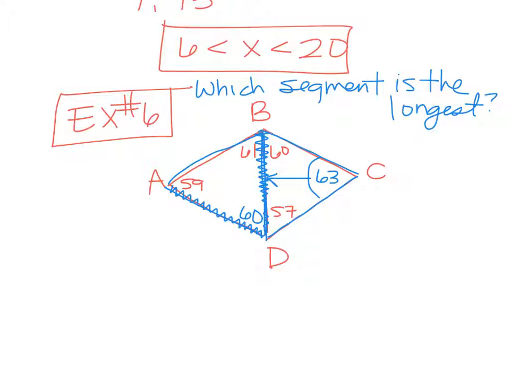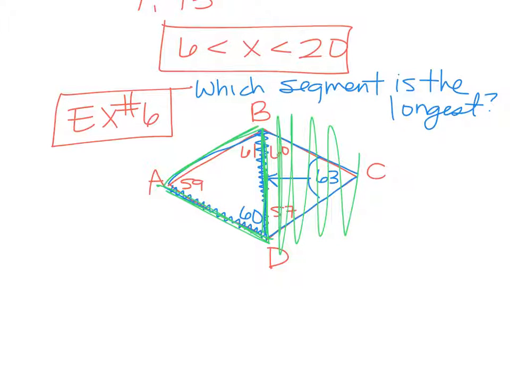Which one's longer? AD. Why? Because 59 plus 60 is more than 60 plus 57. No. You don't have to add anything. Here's the deal. This is the triangle we're looking at, right? Whichever triangle has the two longest, just use that one. Forget about all this. It's not helping us anymore.